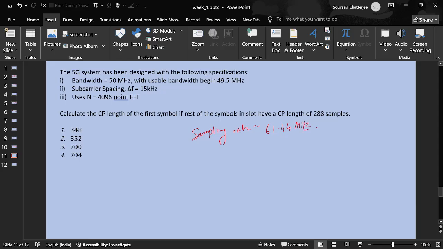So if one slot duration is 1 millisecond, how many samples per slot? 61.44 times 10 to the power 6, divided by 10 to the power minus 3, right? That is 61,440 samples I will have in one slot.